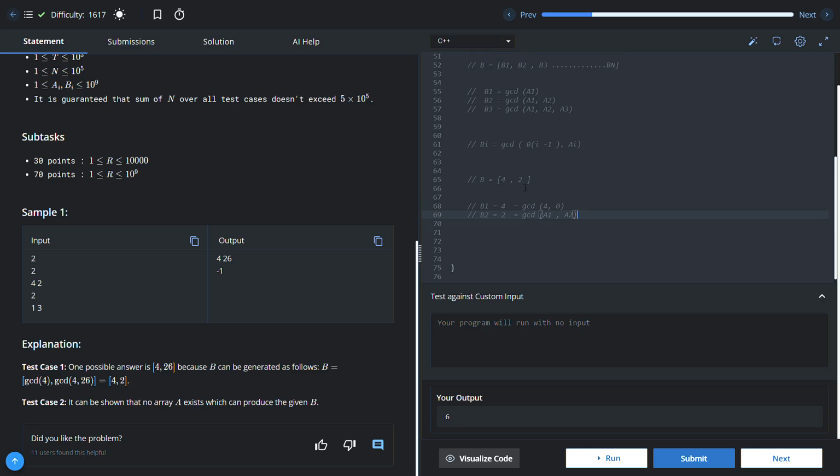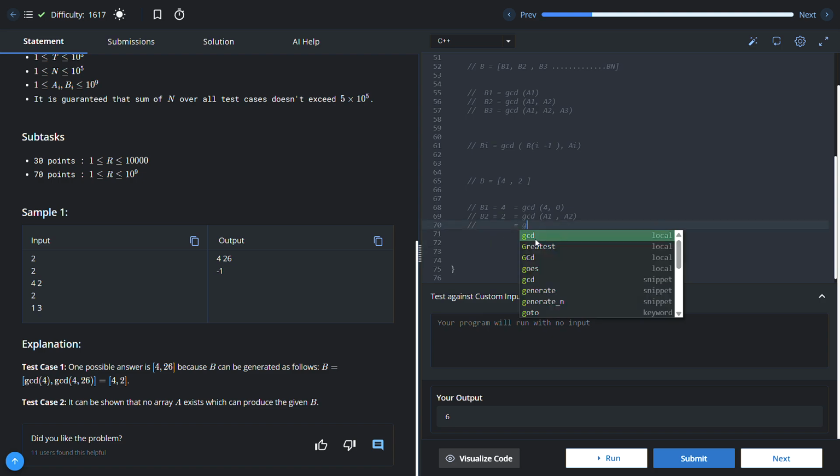So according to this observation, we can also replace this A1 with this B1. So, GCD of A1 is replaced by B1, comma A2.